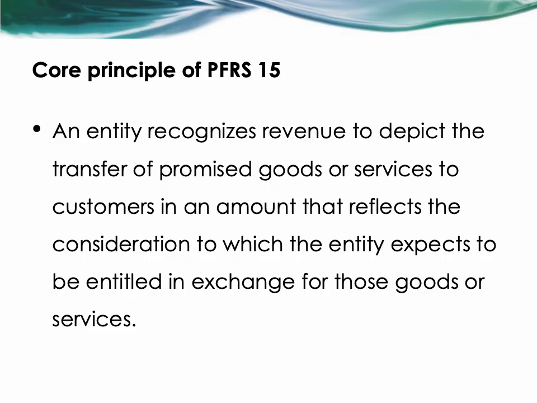Under PFRS 15, revenue is recognized when control transfers, which usually happens at the point of sale, regardless of when cash is collected. The installment sales method, however, will be a deviation from this principle.